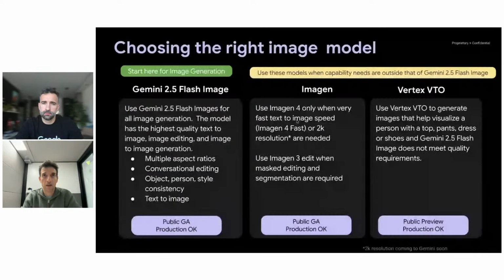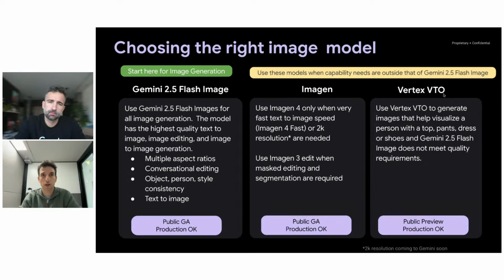As mentioned, Imagen is really good if you want to create very fast images. So if the around 8 seconds that it takes Nano Banana is too slow, then Imagen has a faster variant. If you need 2K or higher resolution, Imagen is still better in that regard. The masking capabilities are still supported in Imagen 3, so if you need that, use Imagen. Otherwise, Gemini 2.5 Flash image. And there is also the Vertex VTO.